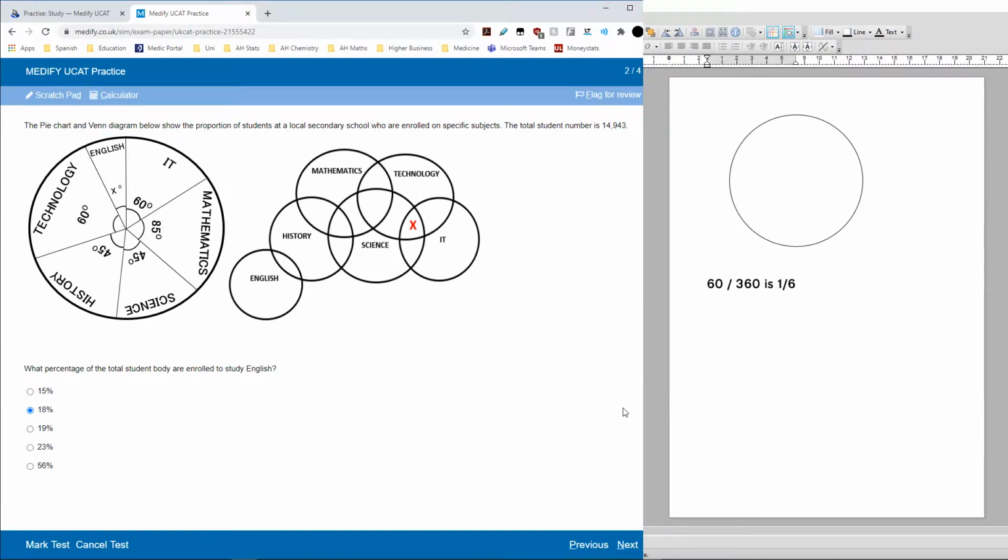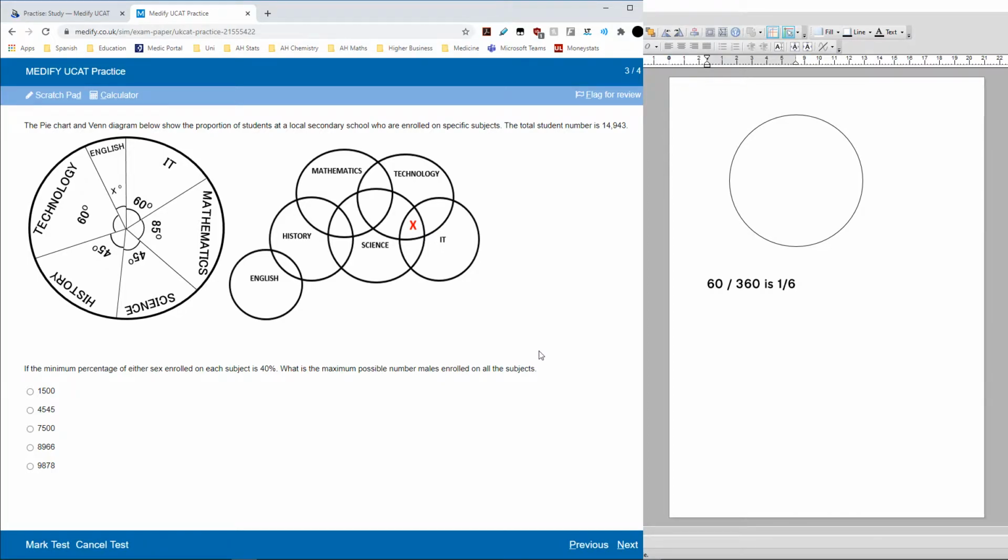Okay, now next. If the minimum percentage of either sex enrolled in each subject is 40%, what is the maximum possible number of males enrolled in all of the subjects? Okay, this one's kind of tricky, to be honest. Maximum possible number of males.